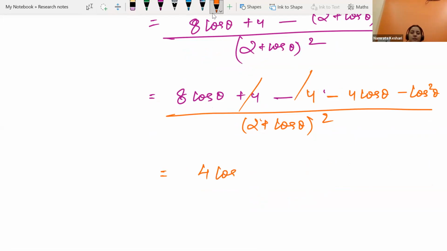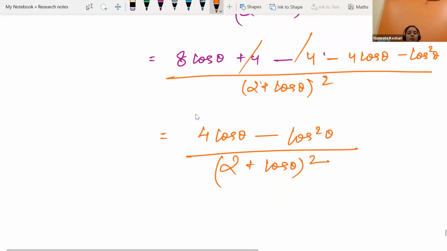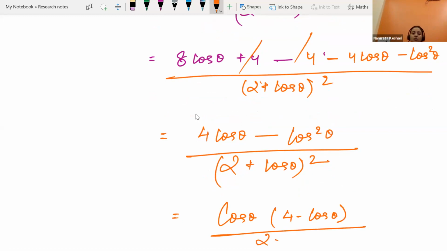So 4 cos theta minus cos square theta over 2 plus cos theta whole square. Now we can take cos theta common from the numerator, and we will be having 4 minus cos theta over 2 plus cos theta whole square.